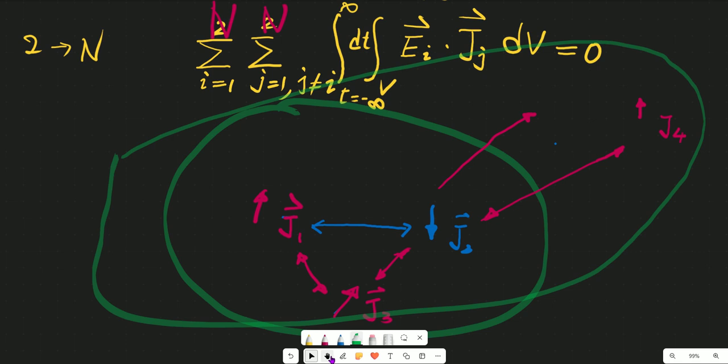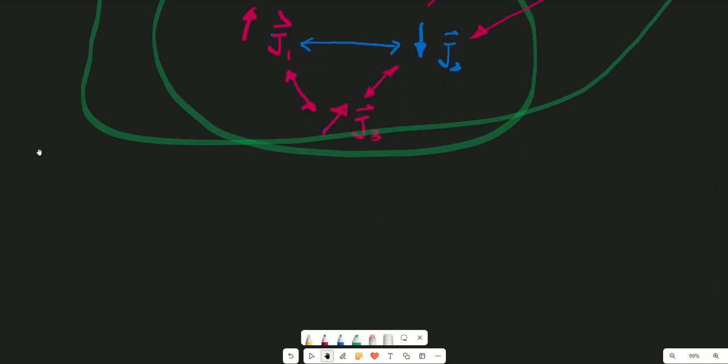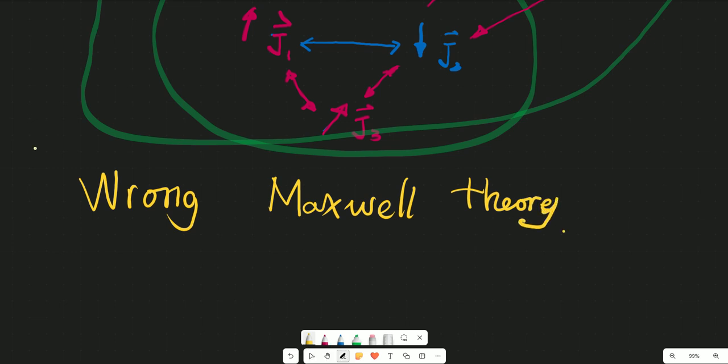What is wrong with Maxwell theory? Maxwell's theory is different.